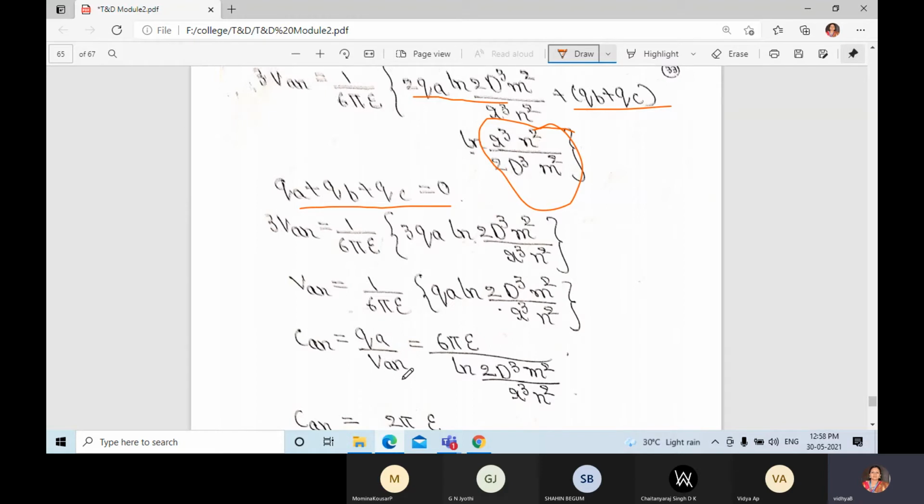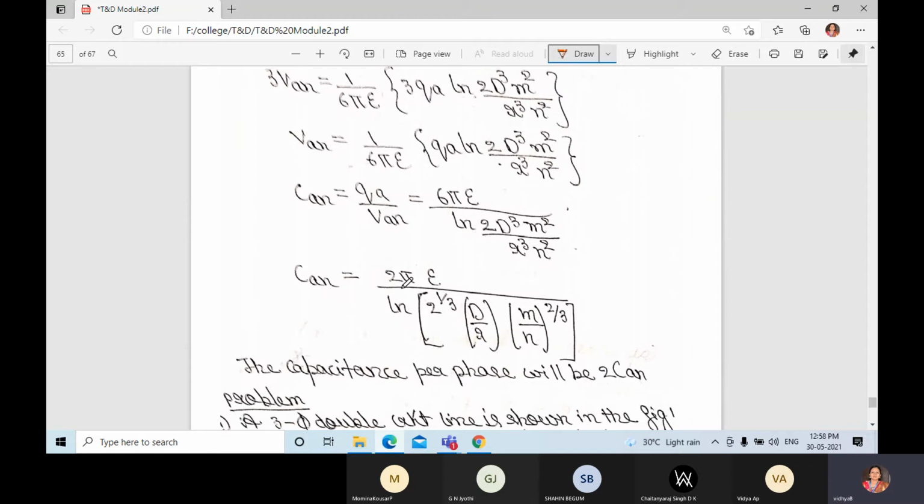CAN is equal to QA divided by VAN, that is 6 pi epsilon divided by ln 2D cube M square divided by R to the power of 3 N square. CAN can be written as 2 pi epsilon. They have taken 2 into 3, they have taken the 1 by 3 here. Instead of writing 6, they have written 2 and 1 by 3. 2 into 3 is 6, right? Instead of writing 6, 2 into 3, that 3 they have taken here.